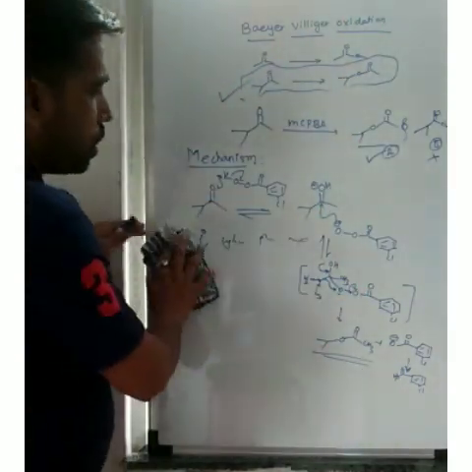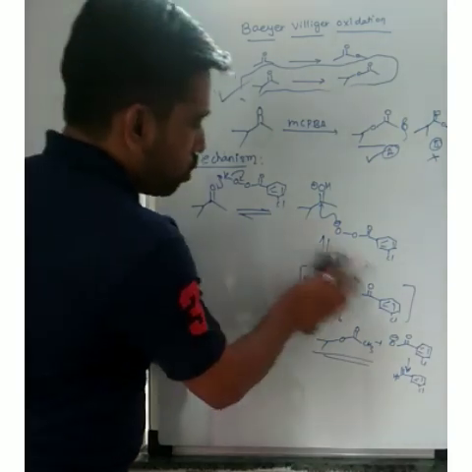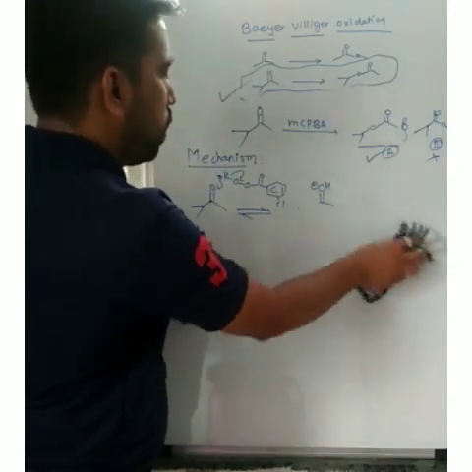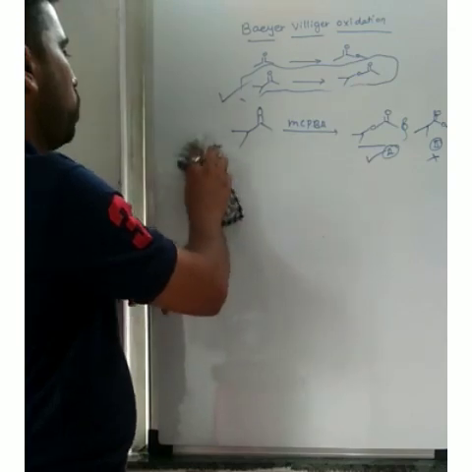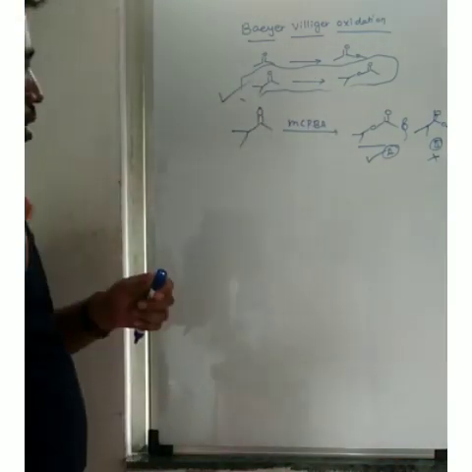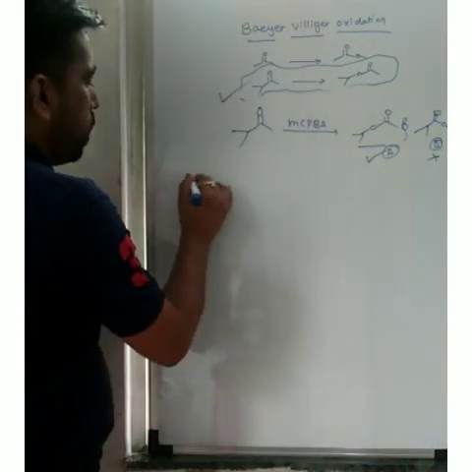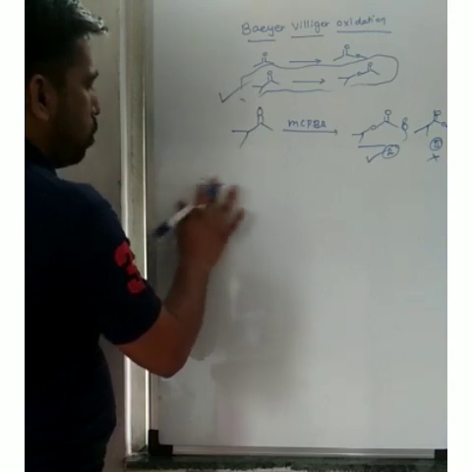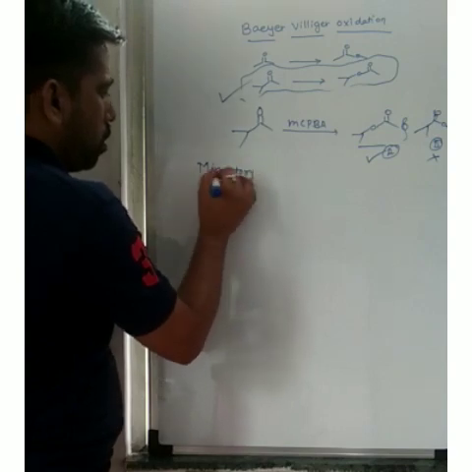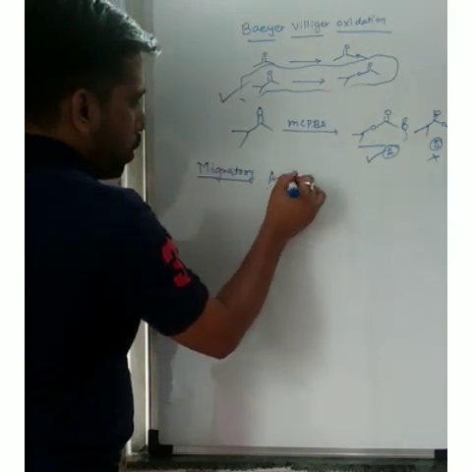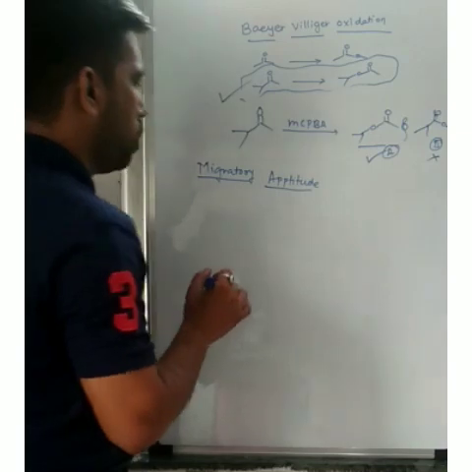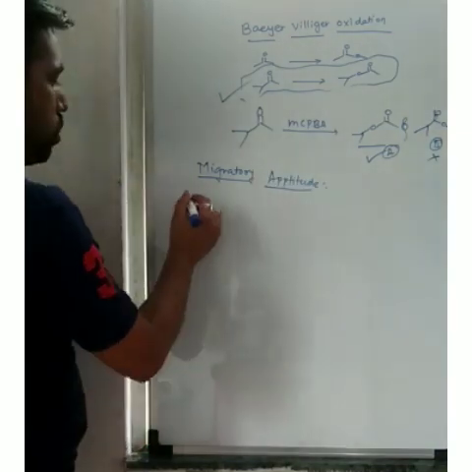So we see the migratory aptitude for the Baeyer Villiger oxidation reaction, and using that migratory aptitude, we see more examples based on this mechanism. The mechanism is similar for all examples, but the migratory aptitude differs.